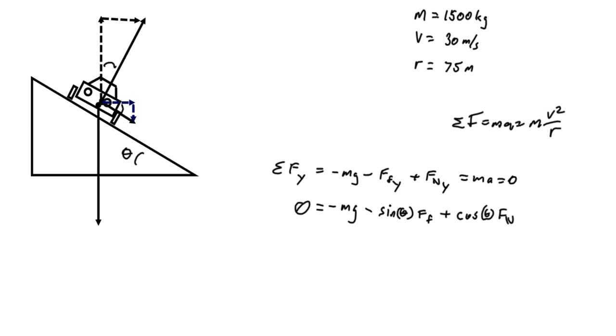All right, so add mg to each side. And also sine theta times the friction force. That is going to equal cosine theta times the normal force.